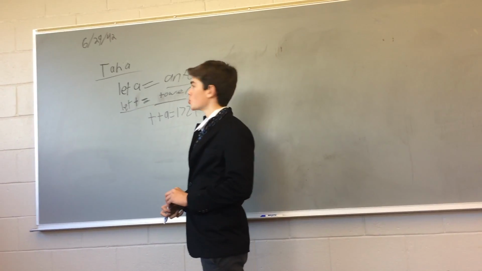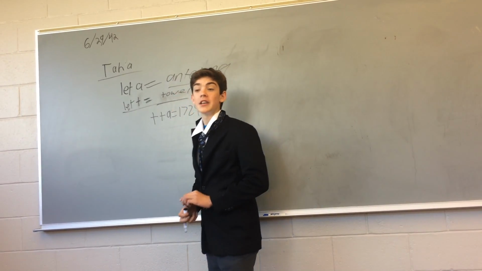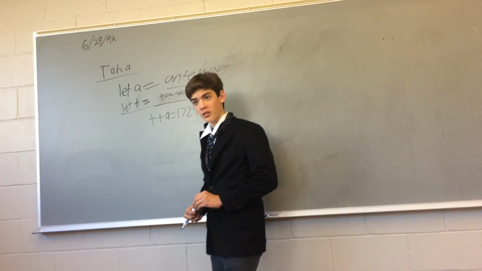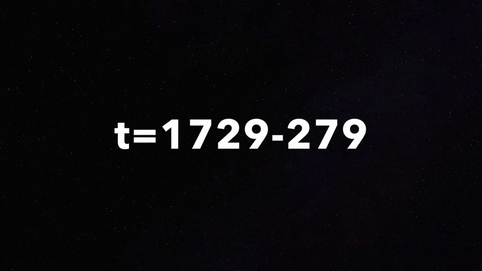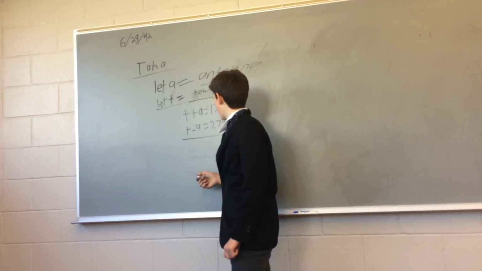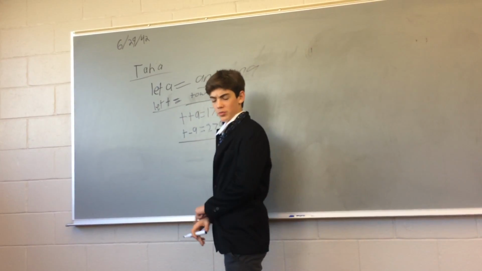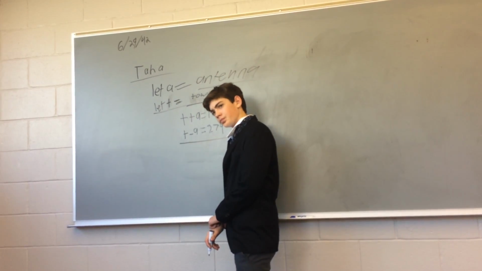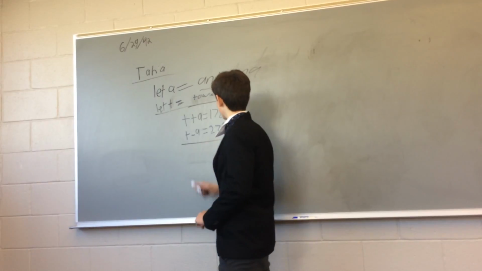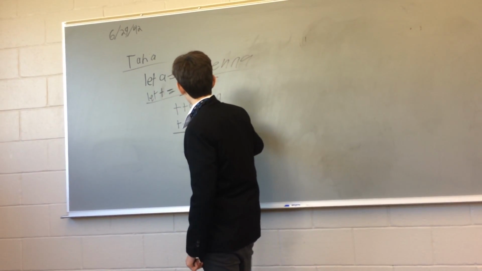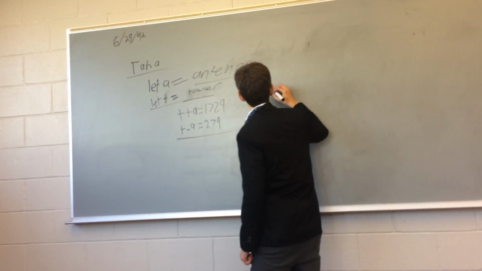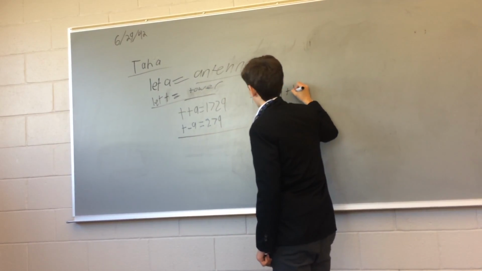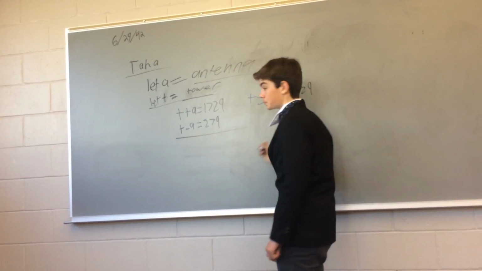Okay, and can you venture a guess into what the next equation would be? Well, the second equation would be T equals 1,729 minus 279. Okay, so now, do you know what the first step in solving the equation would be? We would subtract A from the first equation. So then, for the first equation, T equals negative A plus 1,729.